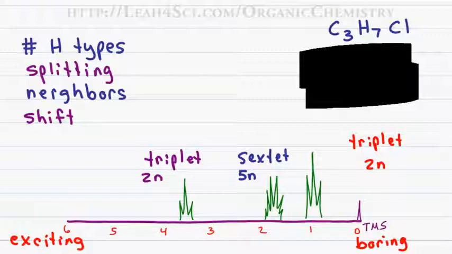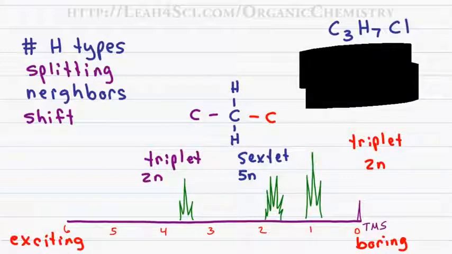The sextet will be a CH2, and the reason I got H2 is because both the triplet on the right and the triplet on the left each have 2 hydrogen neighbors, so the middle peak will be those 2 hydrogens. Given that there are only 3 carbons in this molecule, and we know the blue carbon is central, we'll draw a red carbon to the right and a purple carbon to the left.